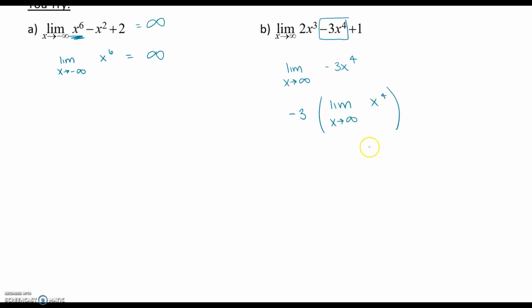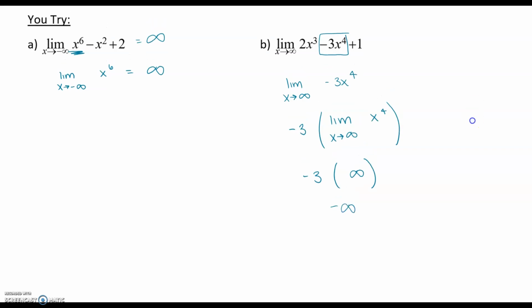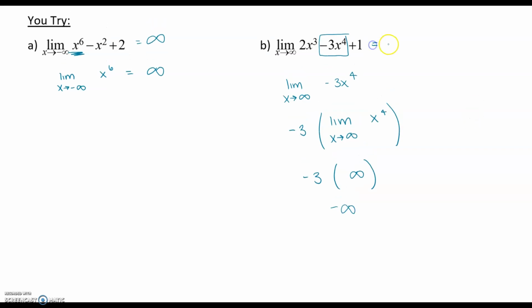Just focusing on the parentheses, because it's going to positive infinity and this is even, that whole limit is approaching positive infinity. Now here's the thing. This is a negative 3. So negative times infinity is going to make this whole thing go to negative infinity. So our conclusion is the limit as x approaches infinity of that polynomial is negative infinity. And that's it.